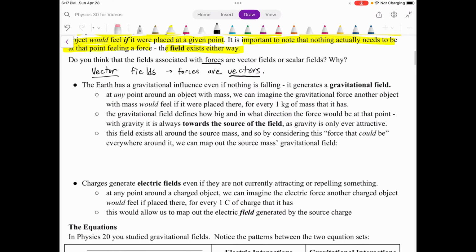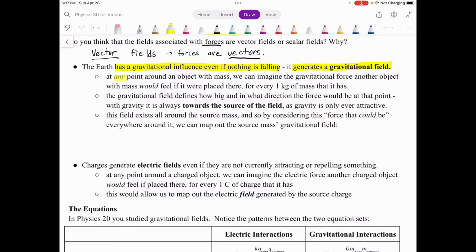Okay, so here's just a quick recap of the stuff we really just talked about with the gravitational field, but here in the notes typed out. So the Earth has a gravitational influence even if nothing is there falling, right? We say that the Earth generates a gravitational field. Any object with mass, you know from Physics 20, generates a gravitational field. It has a gravitational influence.